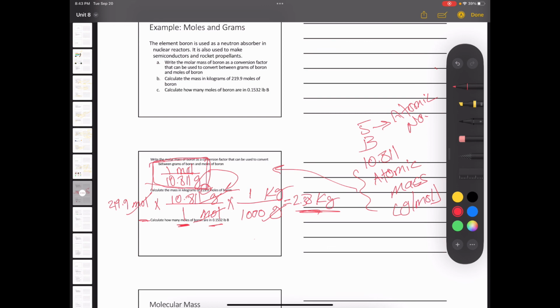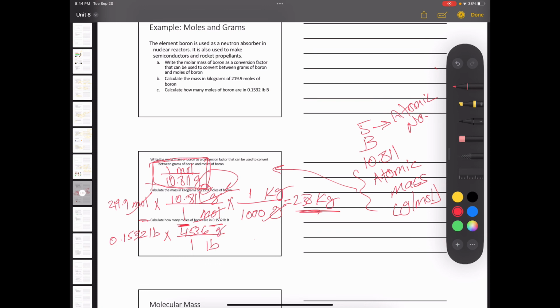So I'm starting with a mass. I'm going to have to convert to moles. So what I will do is I'm starting with 0.1532 pounds. First, I'll have to convert the pounds into grams, again, using my metric system. So I have pounds, metric system to the English system, 453.6 grams.